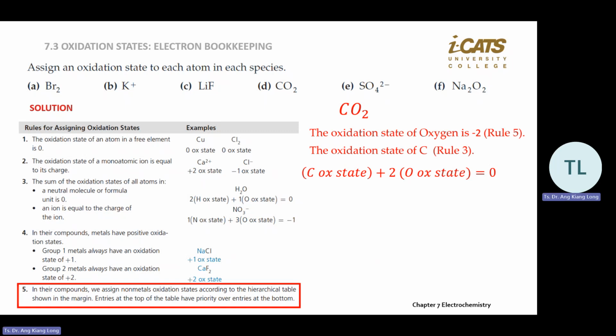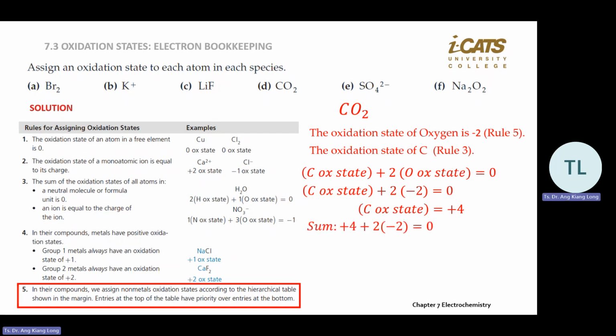So C oxidation state plus 2 O oxidation state equals 0. Why 0? Because it's neutral. Then you know the number of oxygen already. You substitute and solve for the unknown C. You move things around, just be careful of careless mistakes with the minus. When you move a minus, it becomes plus. So in this case, carbon is +4.